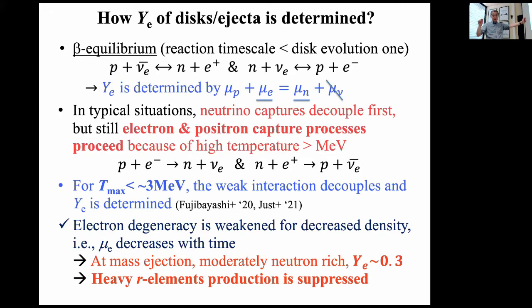In this process, if the magnetic energy density is lower than or comparable to the rest-mass density, we can perform a very accurate simulation. But if the magnetic field energy density is about 100 times larger than the rest-mass density, it's essentially a force-free region, so it's impossible to perform an accurate numerical simulation.